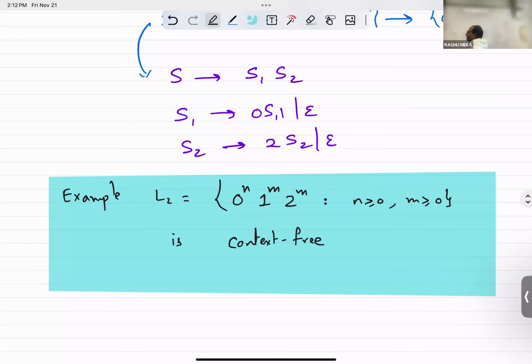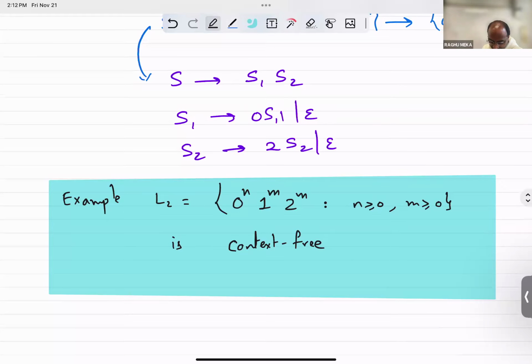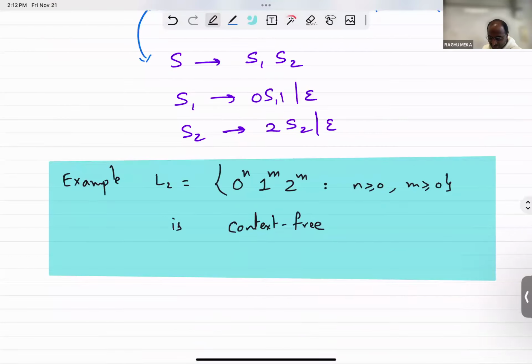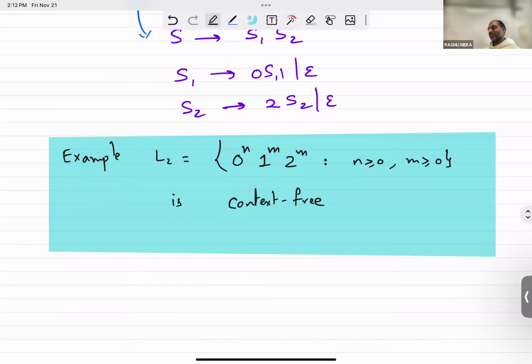So now I want to generate strings of a similar form, a bunch of zeros followed by ones followed by twos, but now the number of ones and twos is exactly the same. Earlier we had the same number of zeros and ones and twos were arbitrary. Now the number of ones and twos is the same, but the number of zeros is arbitrary. Okay. Can you tell me a grammar which can generate this?